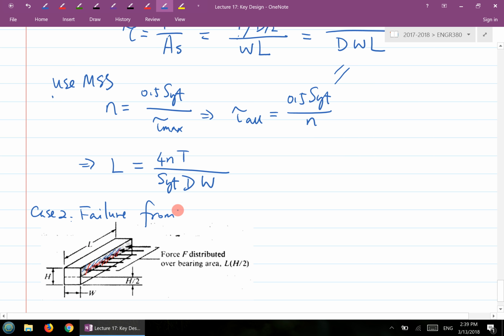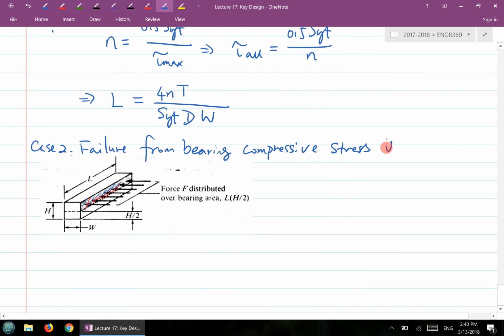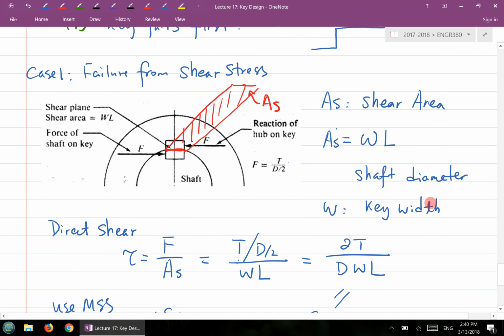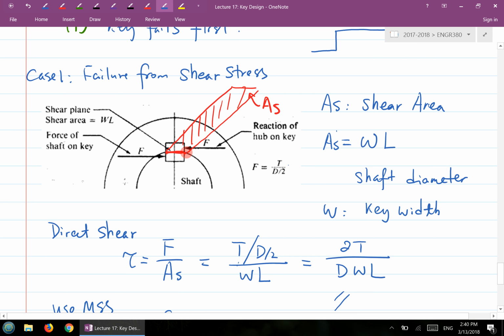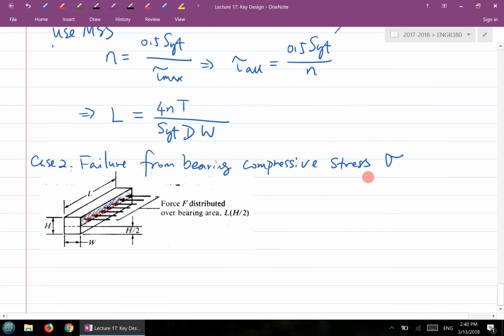In this case, the failure is from the bearing compressive stress sigma. So it's a different type of stress consideration. If you look at this picture, instead of considering the shear stress area, you consider the area on the sides of this key.